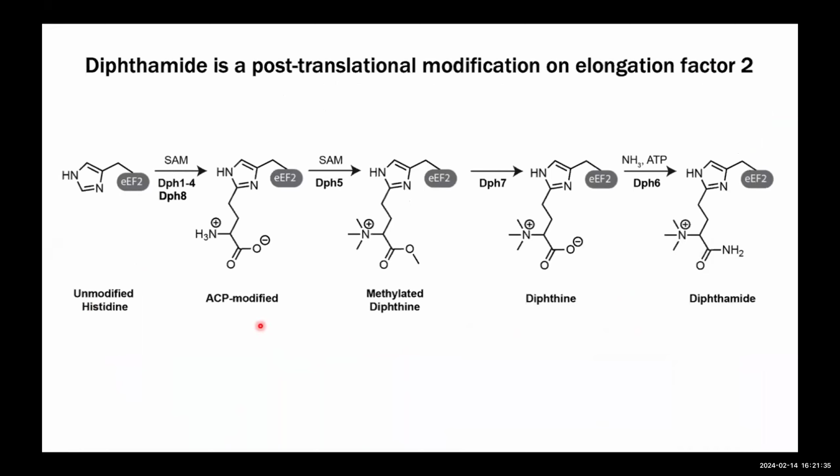It takes 8 different enzymes, DPH1 through 8, for its biosynthesis, and it takes a series of different steps to get to this final modification called diphthamide. And so even though diphthamide is conserved amongst all archaea and all eukaryotes, its function is not very well understood.